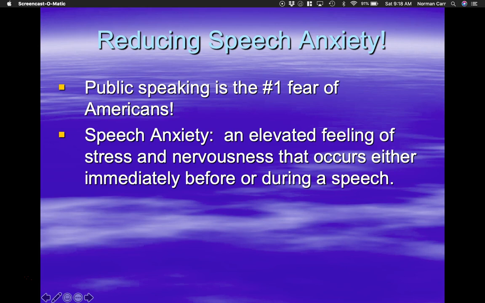But you want to know what? It's normal. Most people get speech anxiety. And most of the time, once you get going, a lot of that anxiety goes down. It's just that initial feeling of stress, that nervousness that comes right before you present. A lot of that is reduced once you just get going and do it.